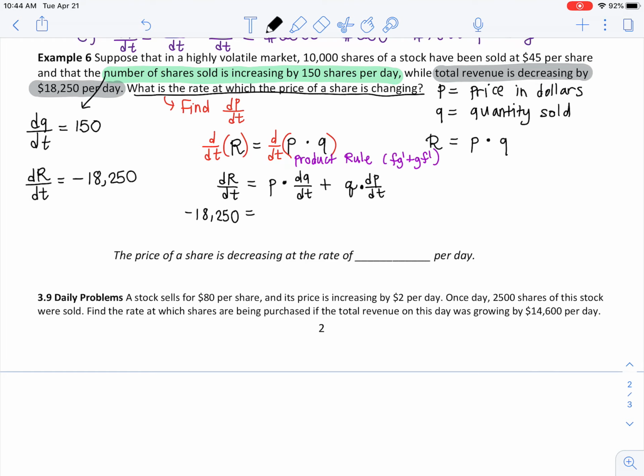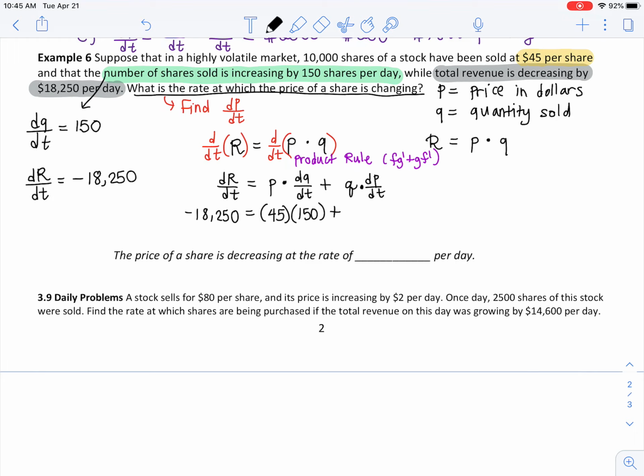The left side, what is dR/dt? That one was given right here, dR/dt, negative 18,250 equals. Now, did they give you what P is? Did they give you what P is if you read it? Yes, they did. They gave you that the price of a share is, I didn't highlight that information, $45 per share.